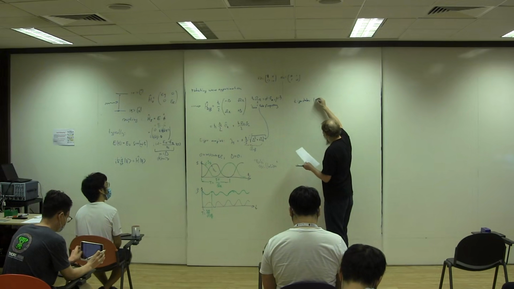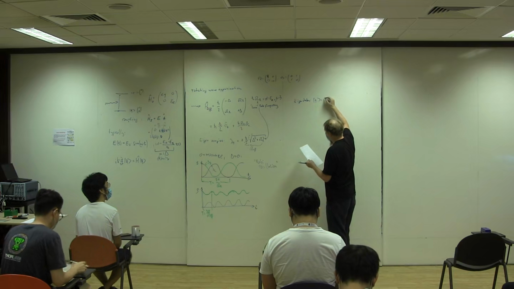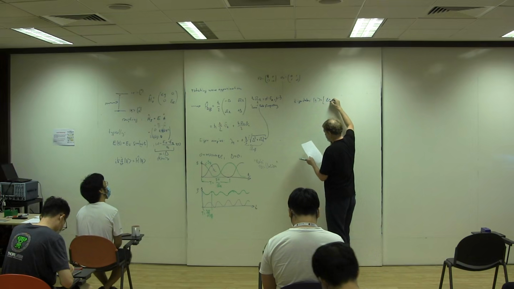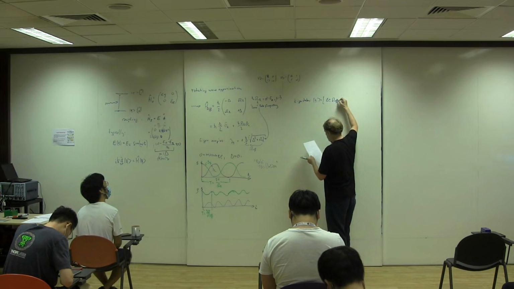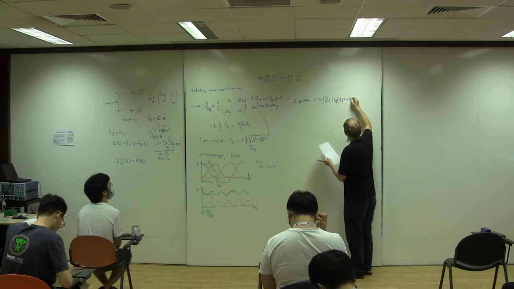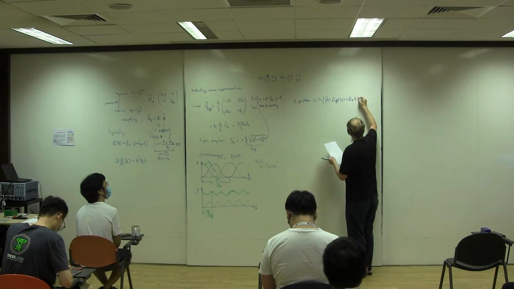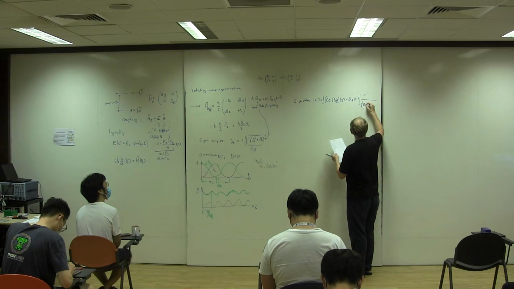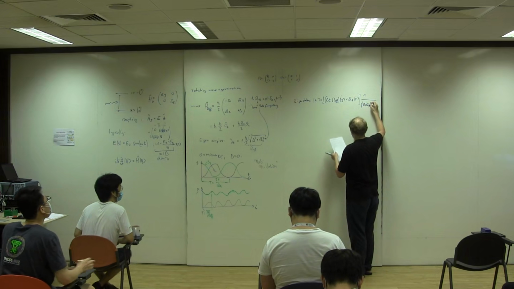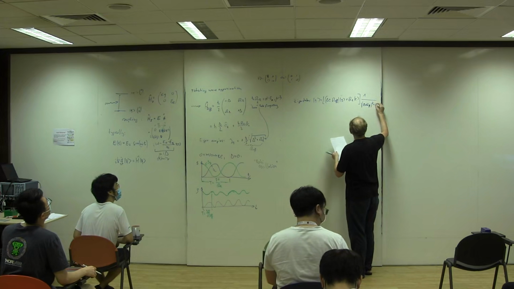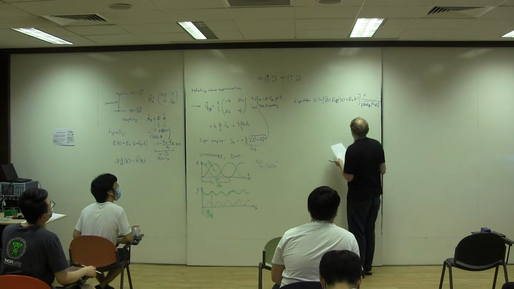They can be written, with the same nomenclature here, I hope I get this right, as delta plus minus omega effective times the ground state plus omega Rabi times the excited state, and then a normalization factor to keep the whole state normalized, which is the square root of delta plus minus omega effective squared plus omega Rabi squared. I think that's the expression.